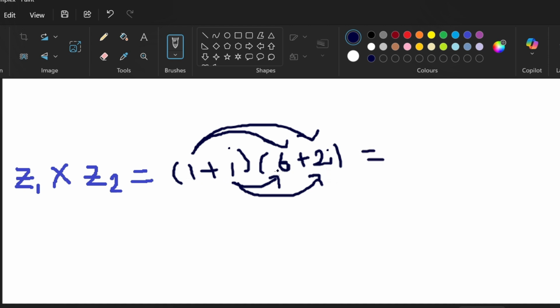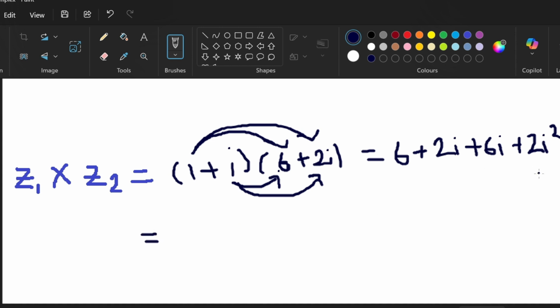So in this case, it would be 1 times 6, 6, plus 1 times 2i, 2i, plus i times 6, 6i, plus i times 2i, 2i squared.